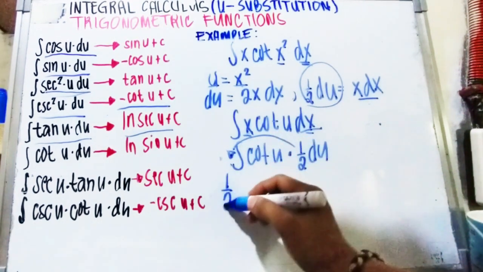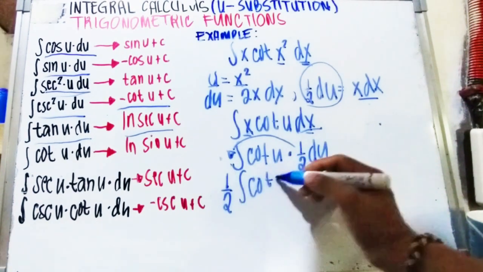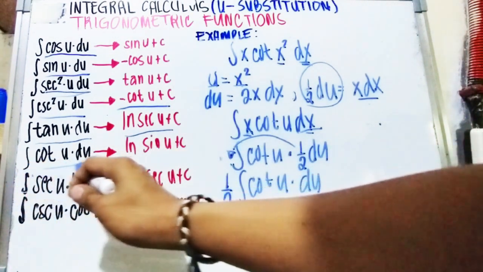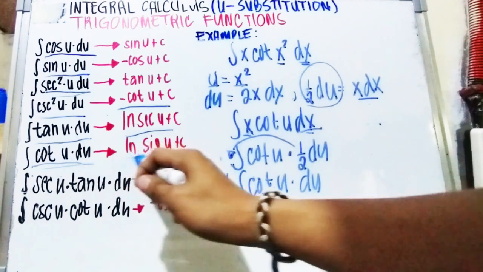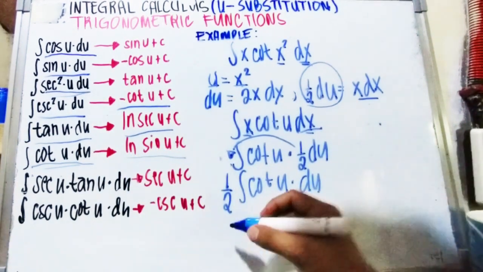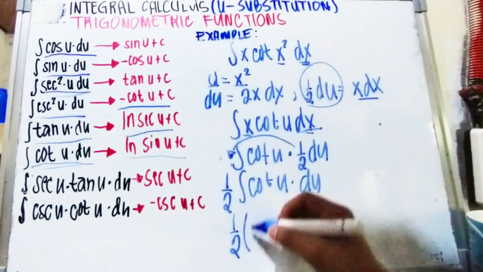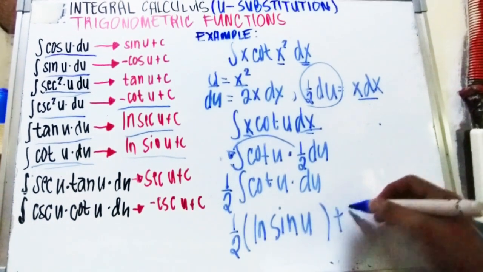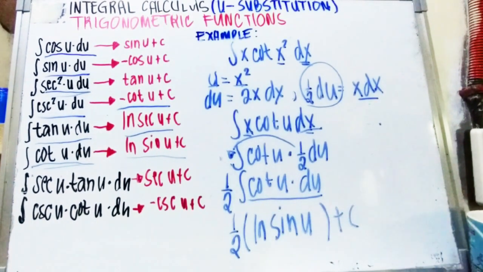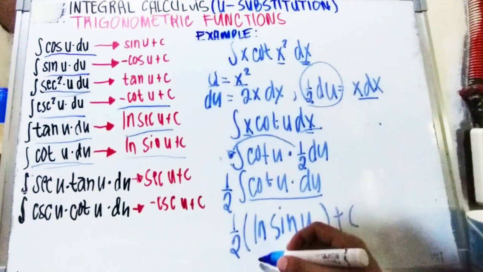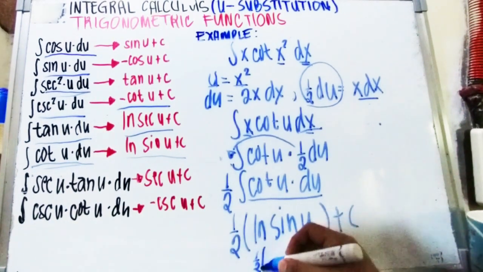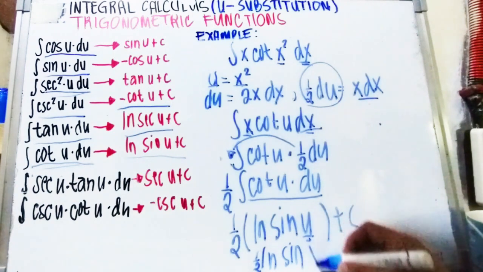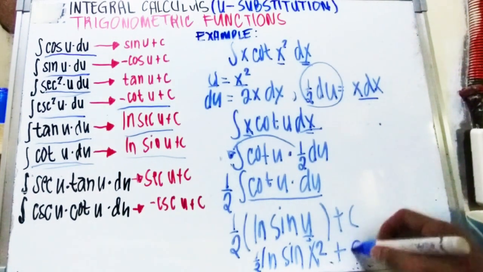Palabasin ng constant, magiging integral of cot u du. Again, notice that the integral of cot u du is ln of sin u plus c. Therefore, magiging ln of sin u plus c. Again, substituting, magiging 1/2 ln of sin, ano yung value for u is x squared plus c.